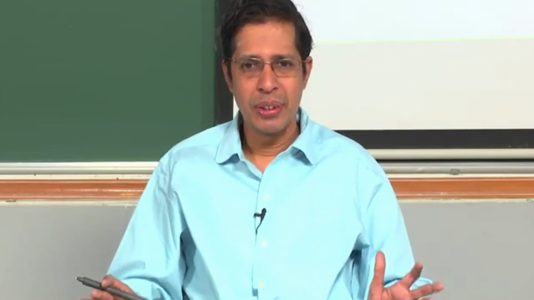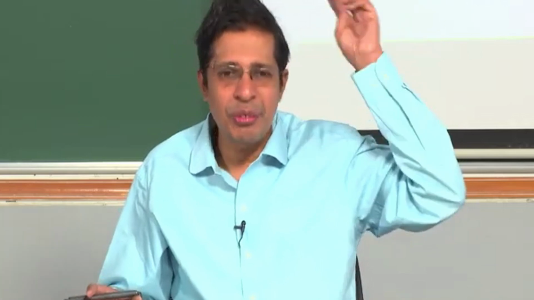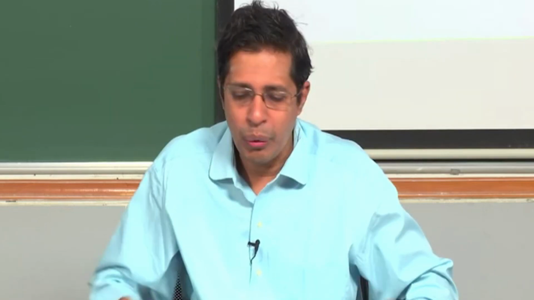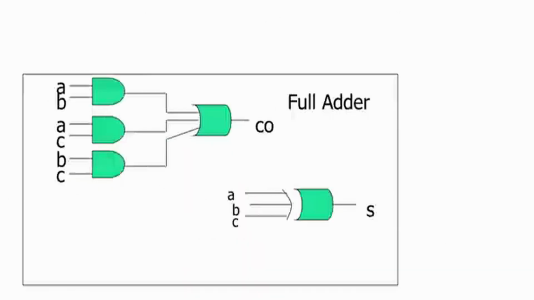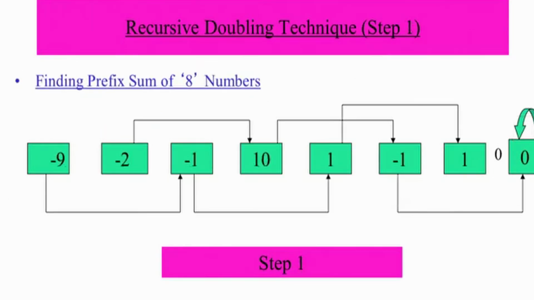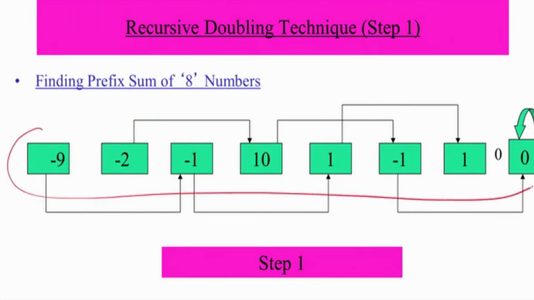Is it okay, right? So the construction of this circuit essentially goes with the way we have described the recursive doubling in class number 1. Are you able to follow? Yes or no? Now what is the advantage? In the case of the recursive doubling that we saw earlier, we were using the same unit again and again to compute the next stages, right.